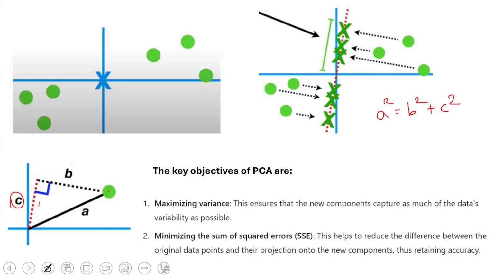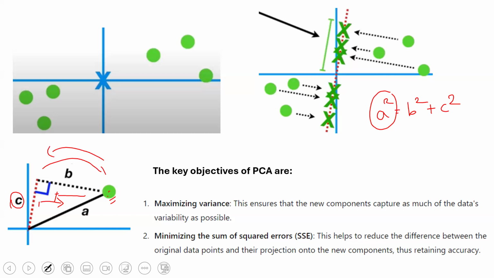For a given point, the distance from the center will never change. This is always constant, right? The distance from the center to this point will always be constant, which is a. Now we are moving this line towards this point or away from the point to find the best fitting line.